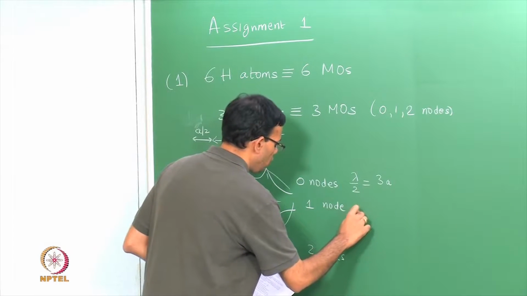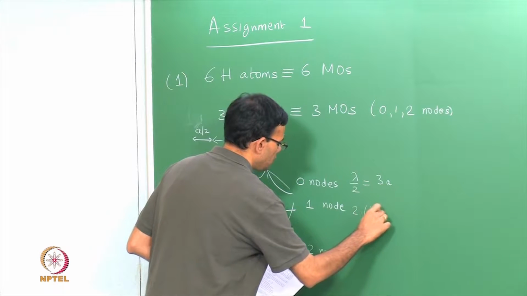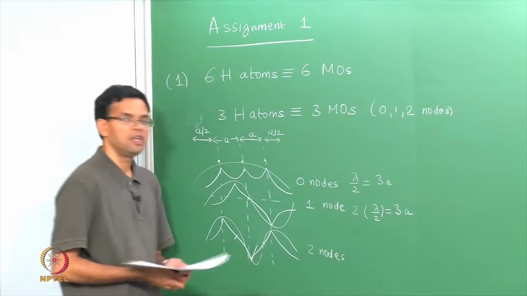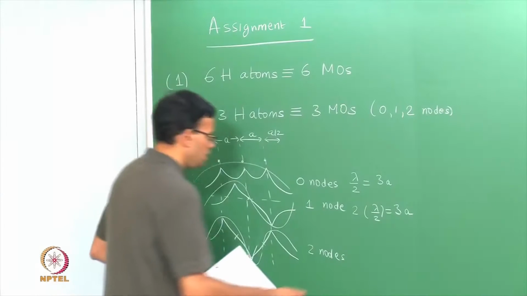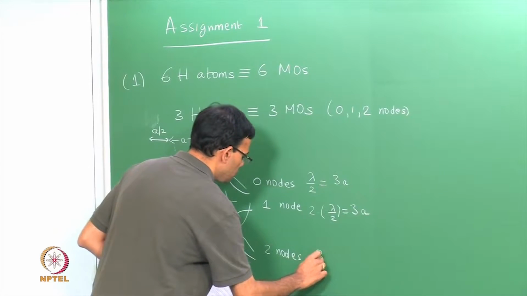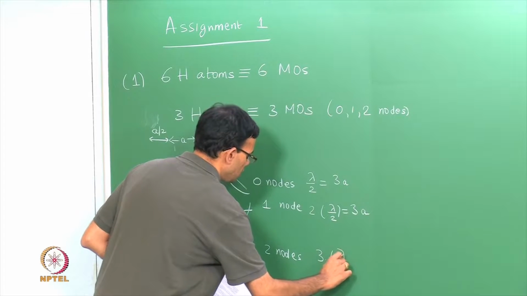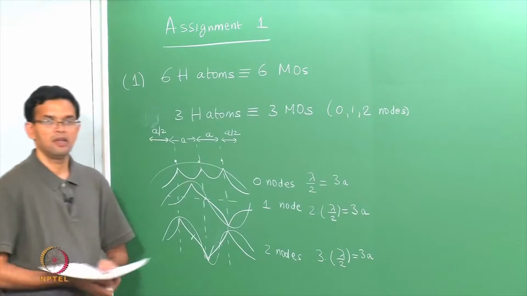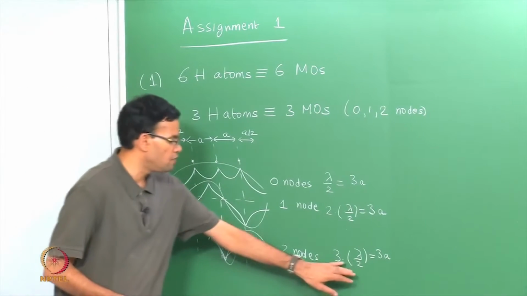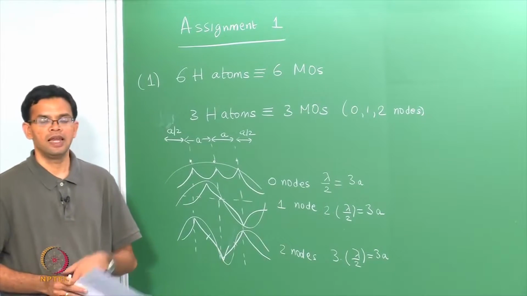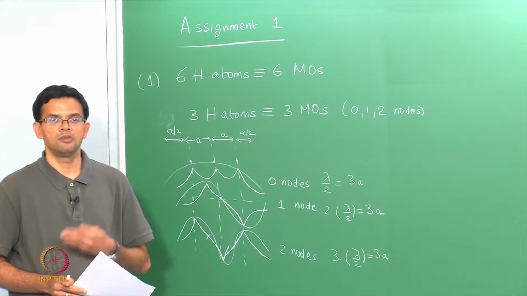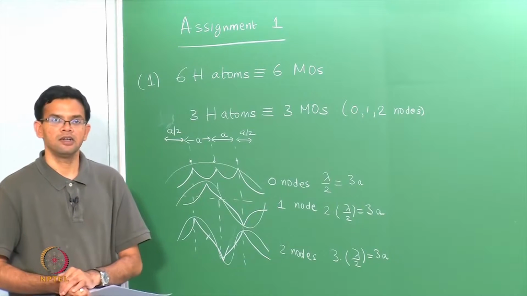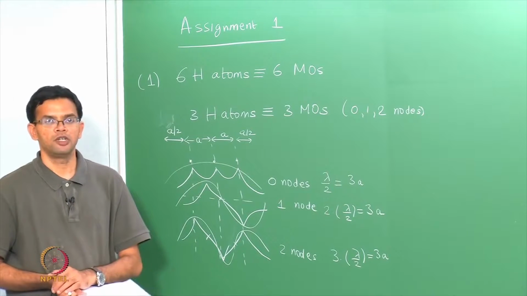In the case of 1 node, you have 2 times lambda by 2 equal to 3a. In the case of 2 nodes, we have 3 times lambda by 2 equal to 3a. So, by knowing this value of lambda by 2, which defines the position of the node, you can go ahead and construct the molecular orbitals.